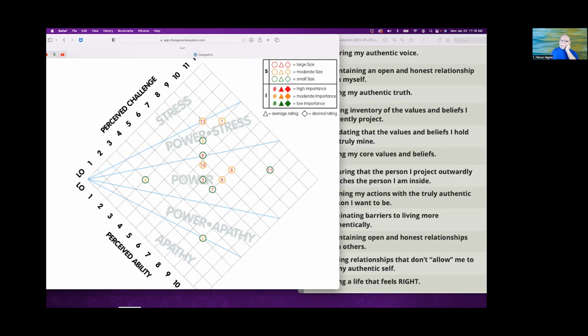So we have a lot we'd want to get into there to find out why they are located where they're located. I'd also be very curious to know how you came to decide that your ability was only a 3 when it came to living a life that feels right. So what is it in the world of ability that you feel is missing, or needs to be expanded upon, worked upon, further developed, etc.?